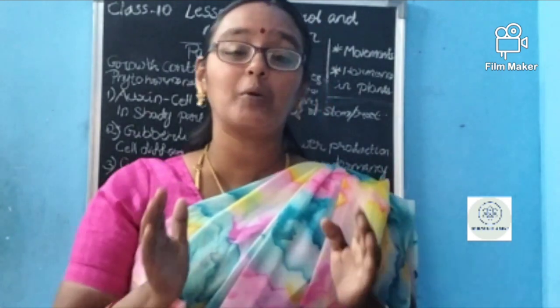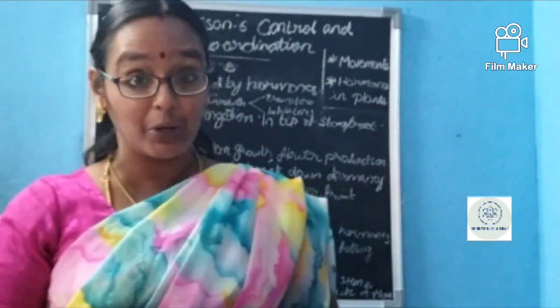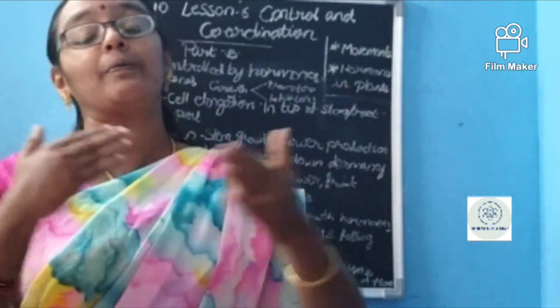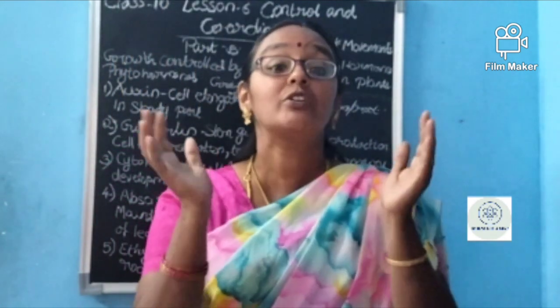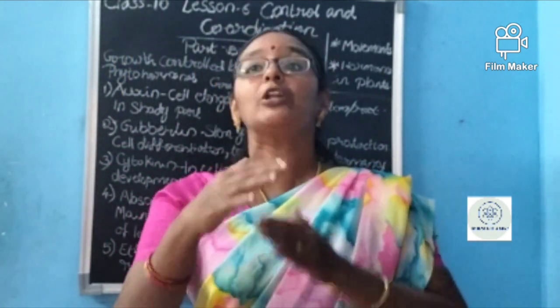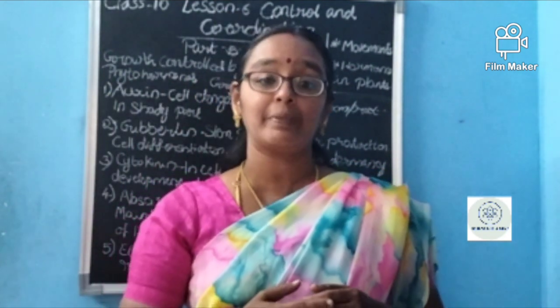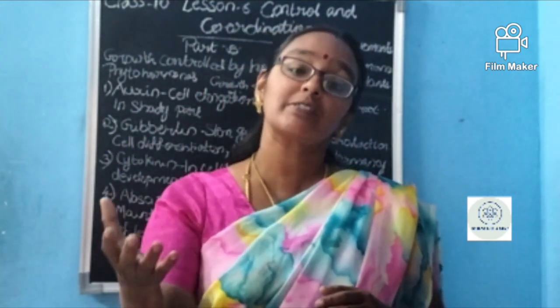Why is this hormone needed for the plant? Surely it is needed, because in the case of bad times, that means in the case of famine or drought, the plant will not be able to sustain more. If the seeds are germinating at that time, and there is no water, this germination of the seed is of no use.